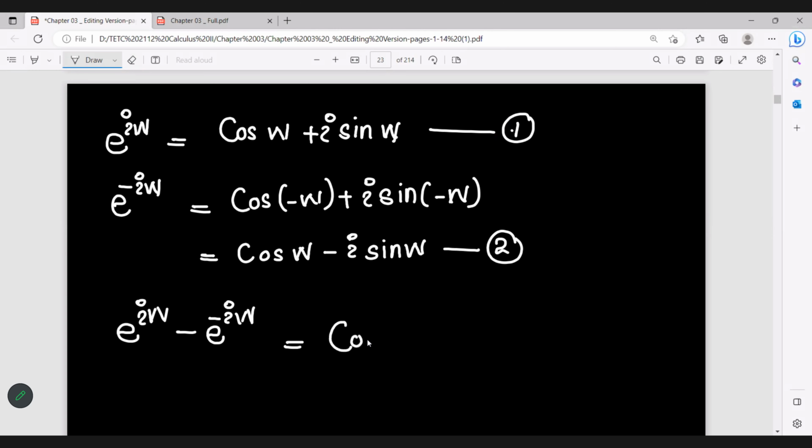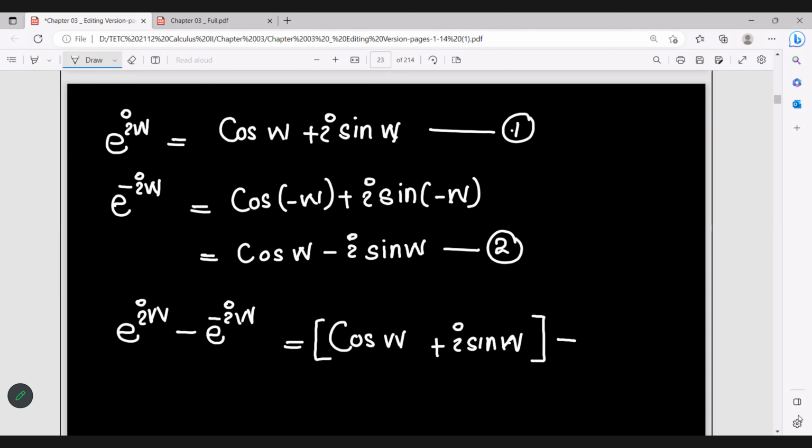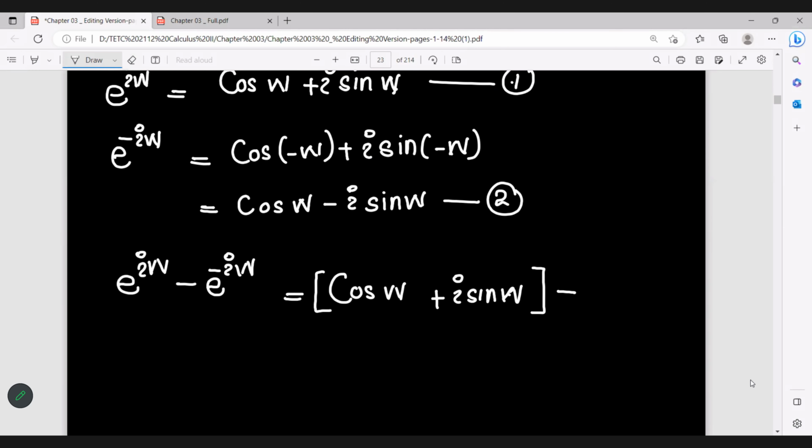So cosine w plus i sine w, minus, that is 2, cos w minus i sine w.